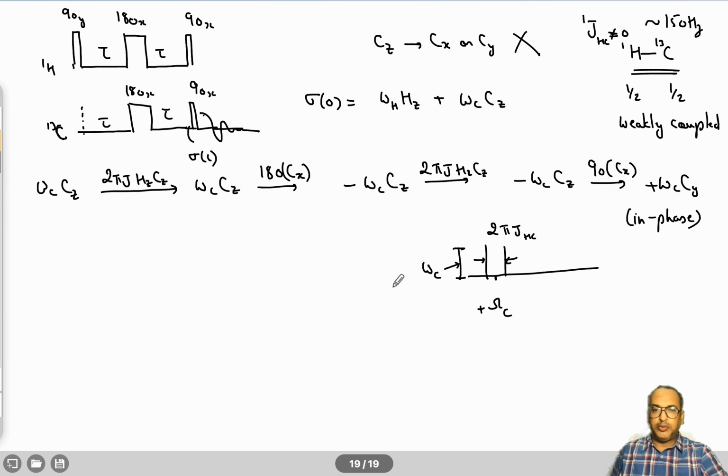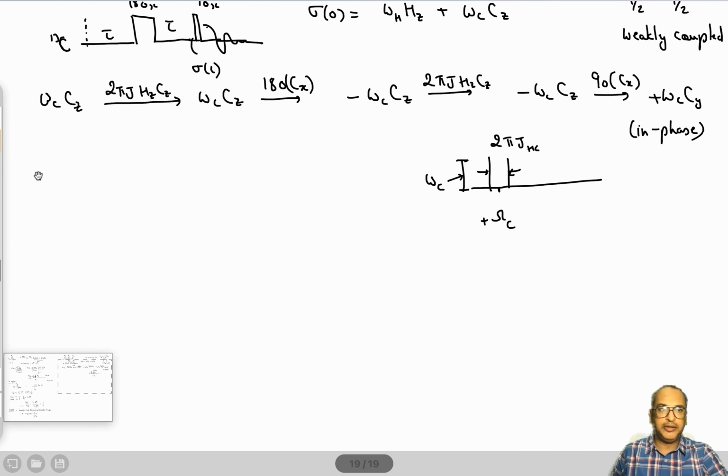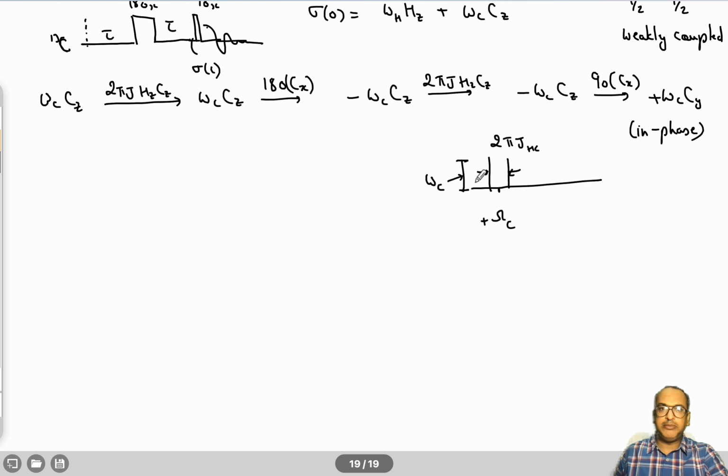Okay, so now this is only one part of the equilibrium density operator. Now let's operate on the second part, omega h Hz. We'll do the same sequence of operations as per this pulse program. So you have omega h Hz. First you have a 90 y pulse.